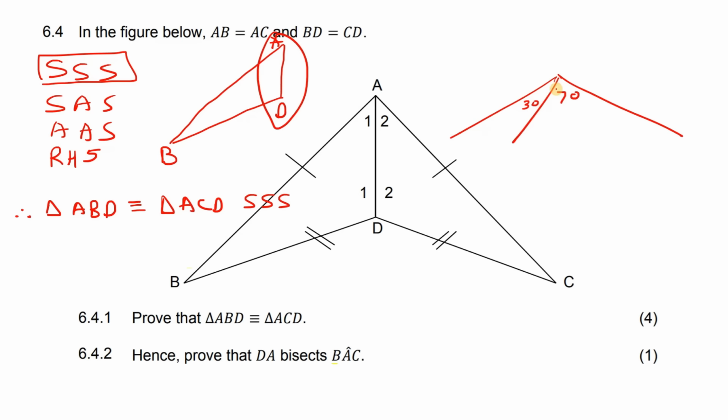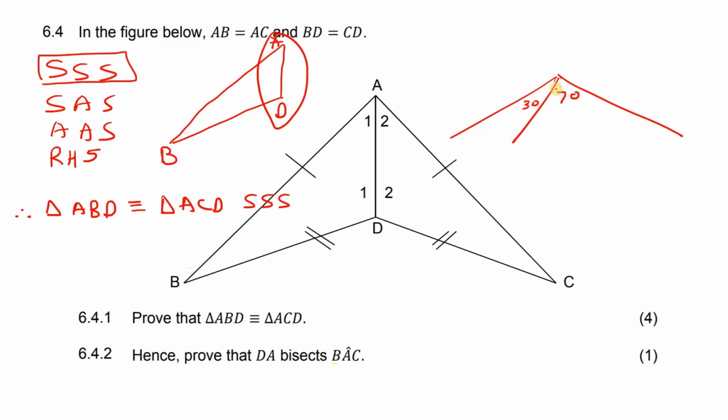So it's not cutting it in half. To cut something in half means that this would be 50, for example, and this would also be 50. So these two parts would be the same. So what they are saying is prove that DA, this line, cuts this angle in half. So they wanted us to show that these two are the same.